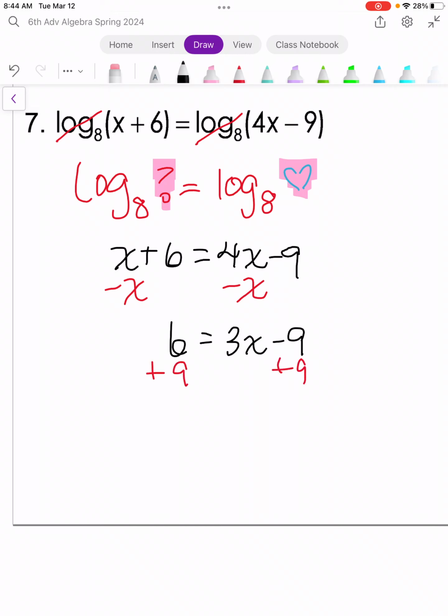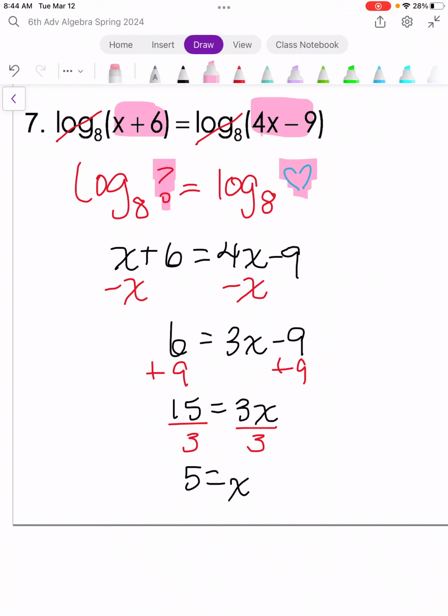Add 9, so 15 equals 3x. Divide by 3, and so 5 is x. I want to check: when I plug this back in, is 5 plus 6 positive? Yeah, it's 11. And here, 4 times 5 is 20, minus 9 is 11, also positive. So that's my answer.